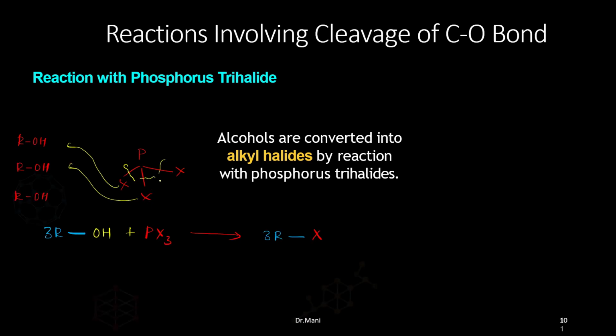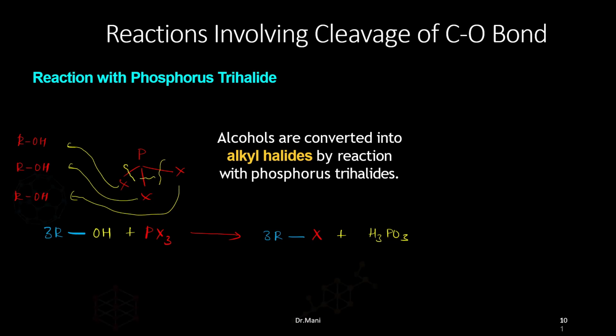Break the bond here, go and attach here. So like that, it will form 3RX, which is nothing but alkyl halide, plus H3PO3. And whatever the OH are there, these OH will come and attach to the phosphorus. So that will form H3PO3. Understood?